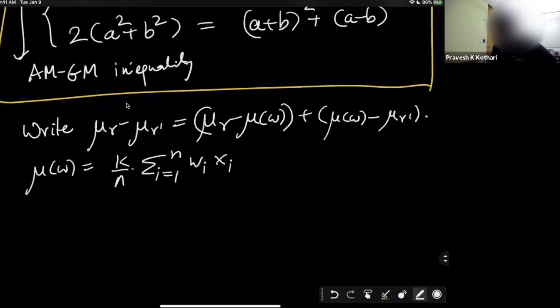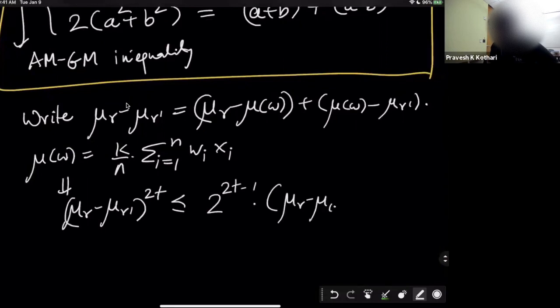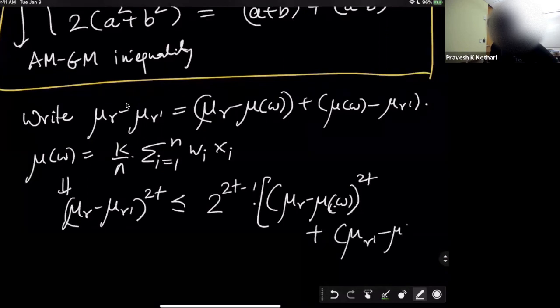So which means that mu r minus mu r prime to the 2t, using the almost triangle inequality, is at most 2 to the 2t minus 1 times mu r minus mu of w to the 2t plus mu r prime minus mu of w to the 2t.